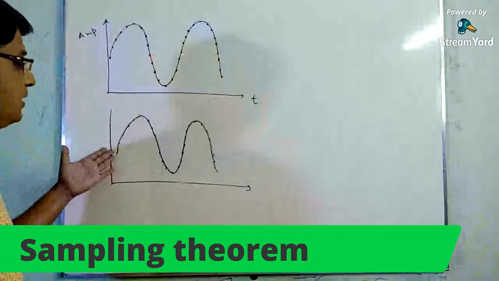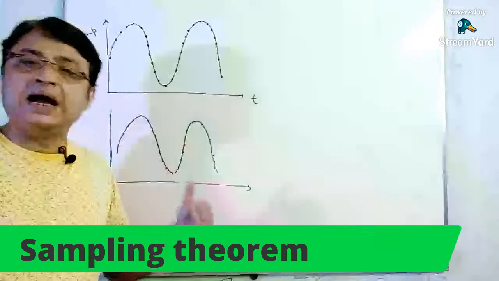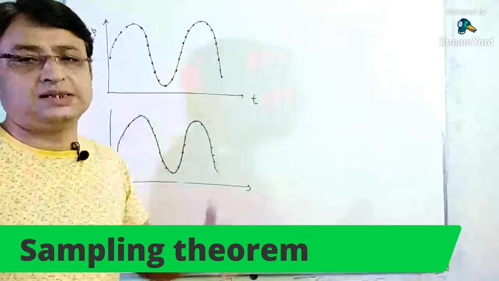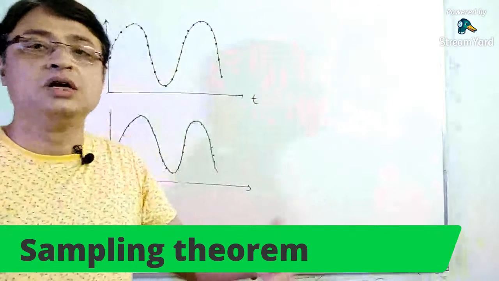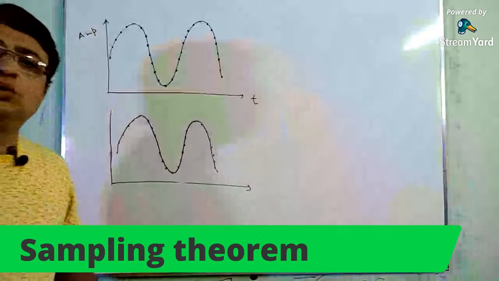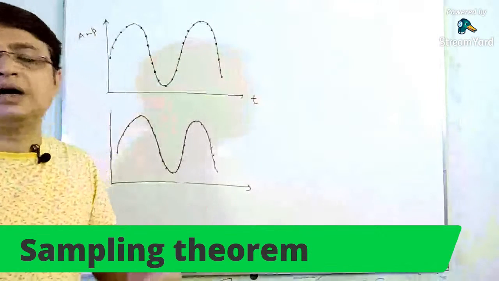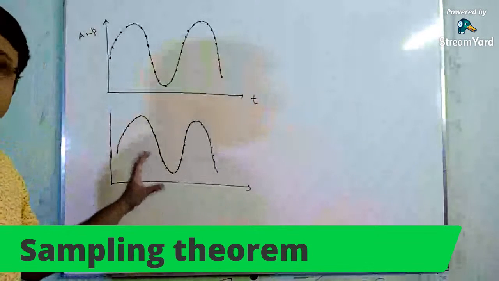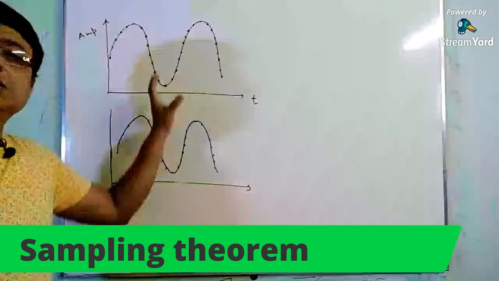You may find some additional discrete values from the signal, but this will not help you further to reconstruct the original signal, because it is quite similar to the original signal.